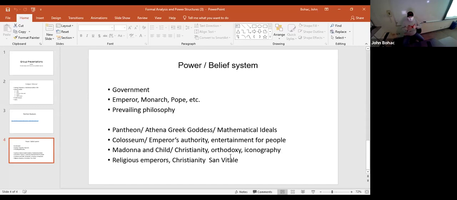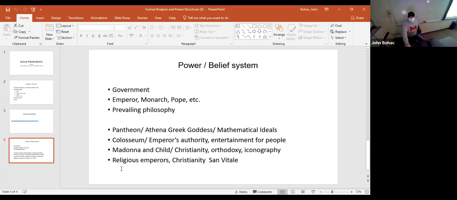And so what you'll see after the Great Schism is those Byzantine depictions of Christ and Madonna and all of that, they stay the same. But what you get in Rome is stuff like the Sistine Chapel ceiling, where it's a very different belief system and a very different way of looking at Christianity.